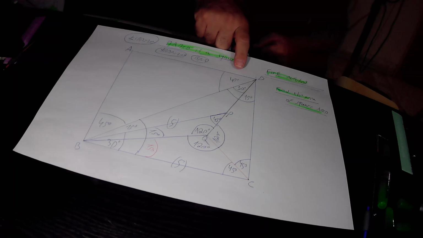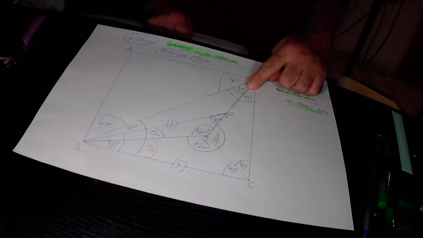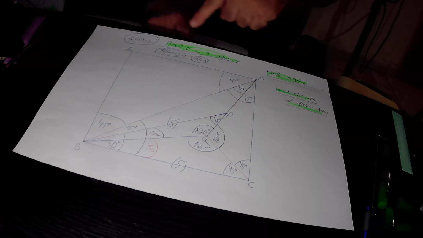This is the first half. Angle ADC is bisected into 45 degrees inside, and this is the second half, also equal to 45 degrees in size. When this angle equals 30 degrees, this angle must be equal to 15 degrees, because 30 degrees plus 15 degrees is 45 degrees. That is the size of the second half of angle ADC.